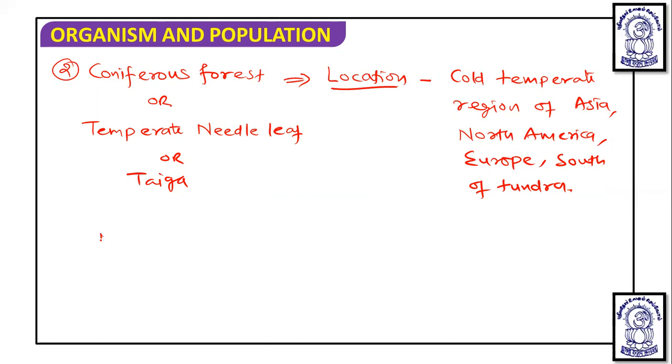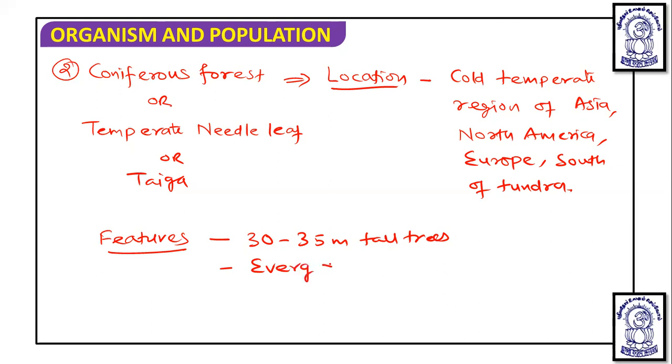Now, if we talk about its features, in the coniferous forest, they are found in temperate region. They have 30 to 35-meter tall trees. These trees are evergreen trees, and the leaves are long and needle-like.